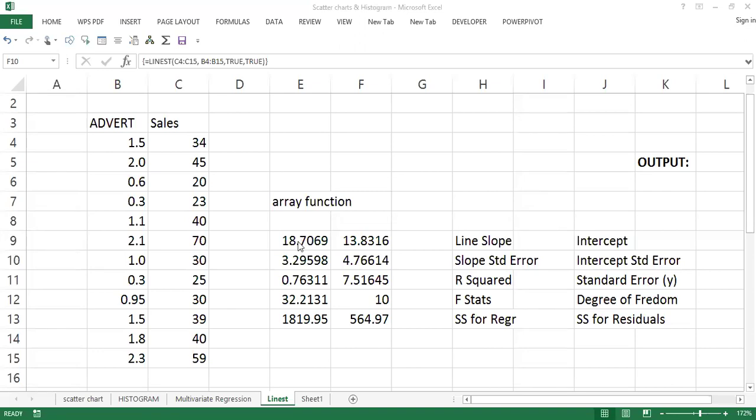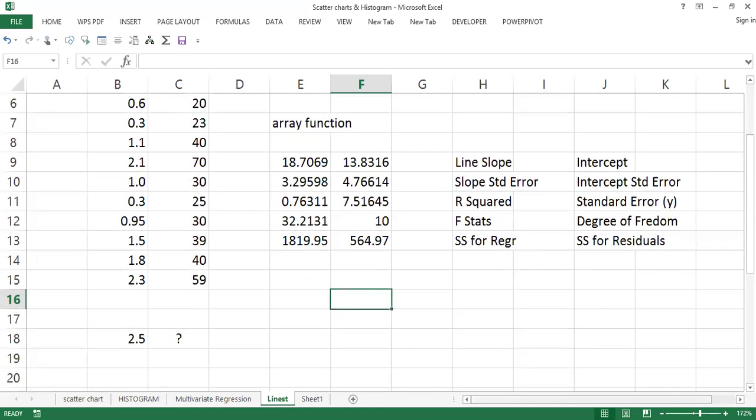Like I was saying, what we are most interested in are the line slope, the intercept, and R squared, right? So what do you think the equation is here now? Can you give me the regression model?